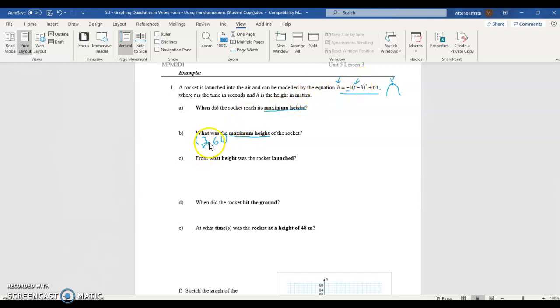So x, y, or t, h. So in this case, the maximum height is 64 meters.